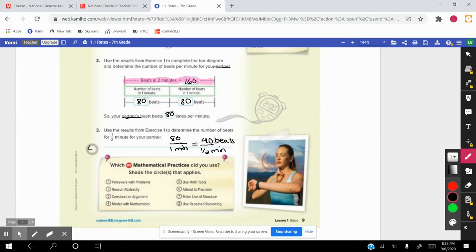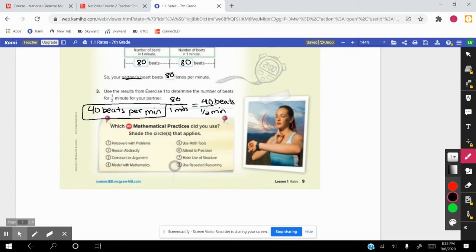So that means that I have 40 beats per half minute. Let me rewrite that. I'm going to put MIN. All right, so now you're going to choose which mathematical practice you use and shade it inside your book.